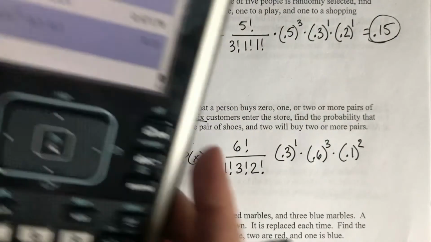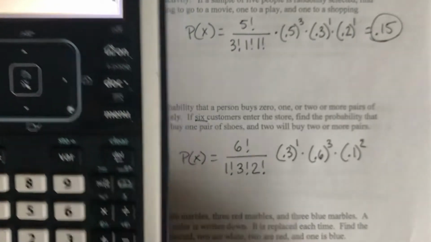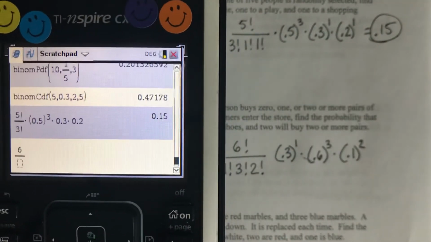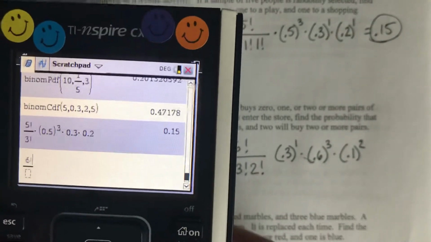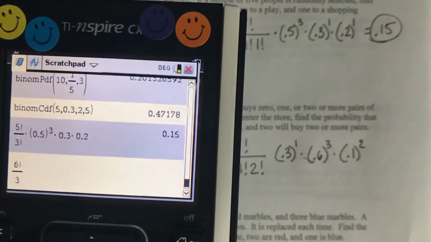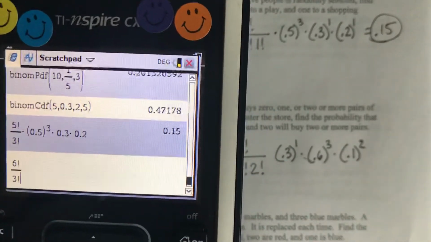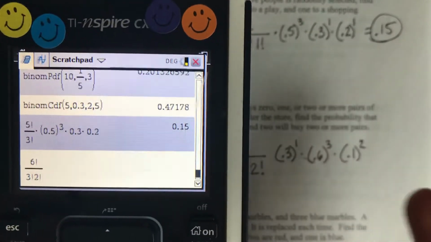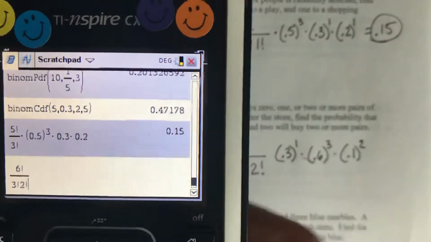All right, let's try typing it in. We're going to make a fraction. We're going to have 6 factorial over, go down to the bottom, 3 factorial, 2 factorial. You can type in 1 factorial, but it's multiplying by 1, it doesn't make any difference.